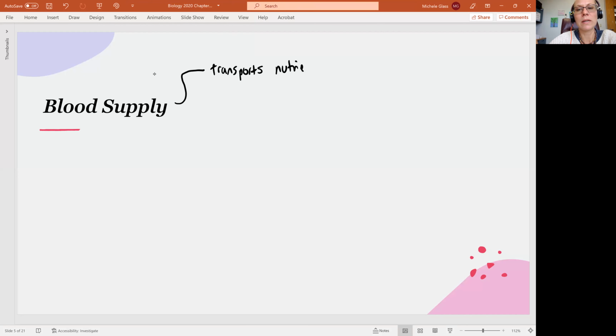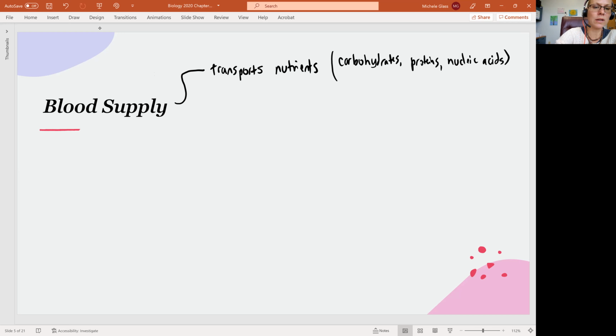And what we're going to see is initially this blood supply is going to be picking up carbohydrates. It's going to be picking up proteins, and it's going to be picking up nucleic acids that we've digested and absorbed. And let's make a note.